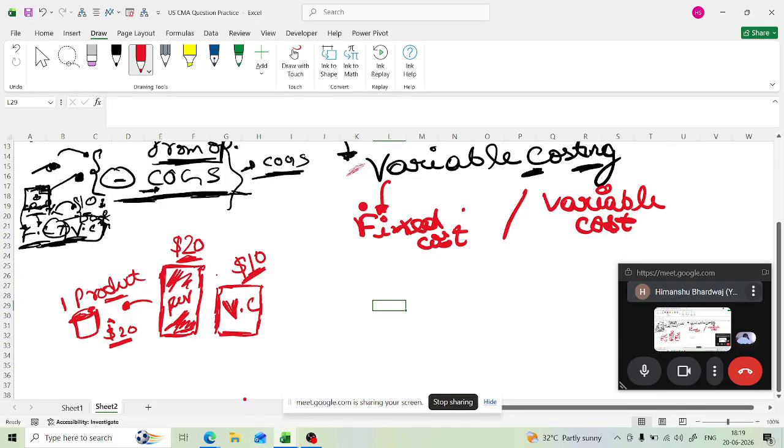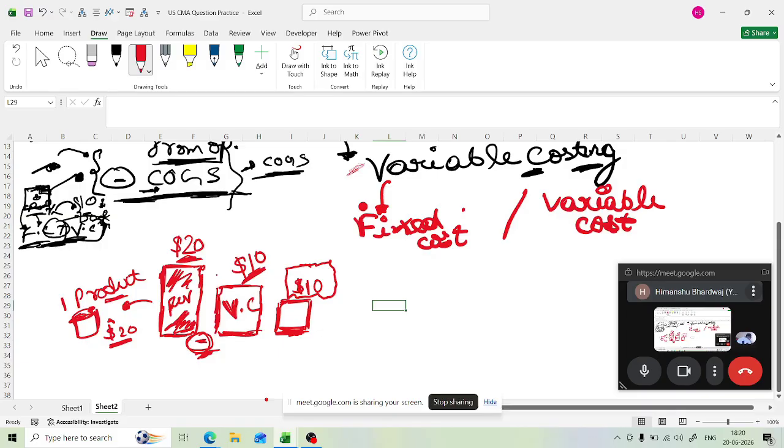Now, when I deduct variable cost from revenue, I am left with some amount of money. Please understand this concept very carefully. It will help you solve many practical questions. This is my revenue, which I generated by selling one can. This is my cost, which I have incurred to produce that one can.